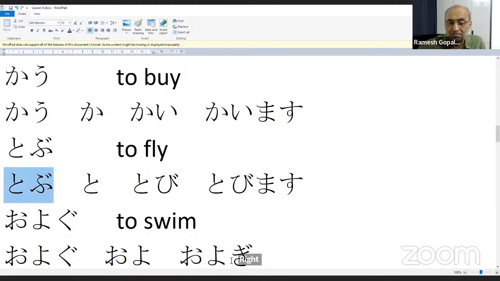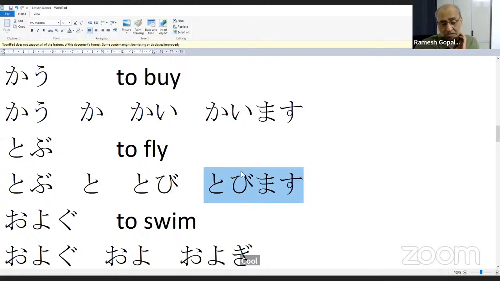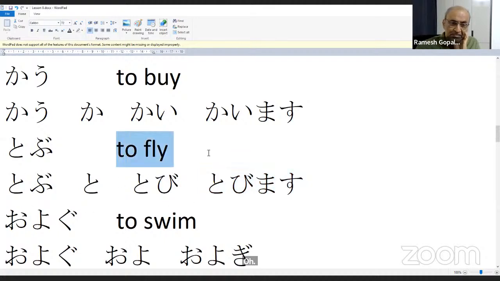What is the dictionary form? Tobu. What is the mas form? Tobimas. So tobu, tobimas. And the meaning is to fly.